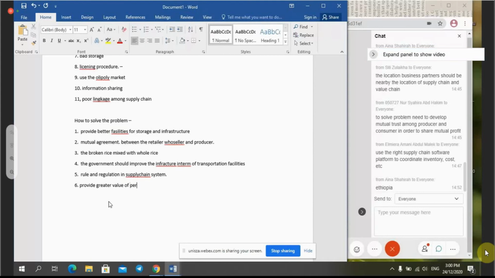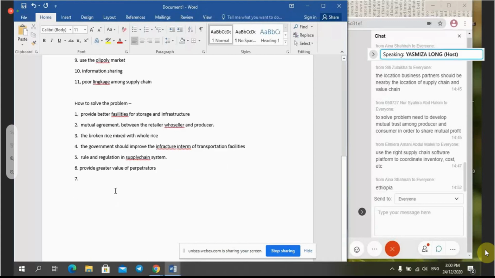Lepas tu madam, location of supply chain and value chain tu sepatutnya nearby, sebab artikel 1, 2, 3 tu dia ada masalah long distance, sebab place dia. Negara yang macam mana?